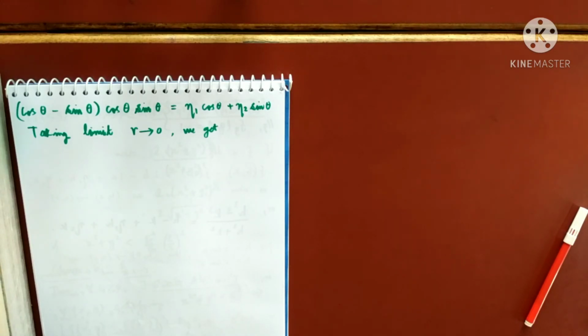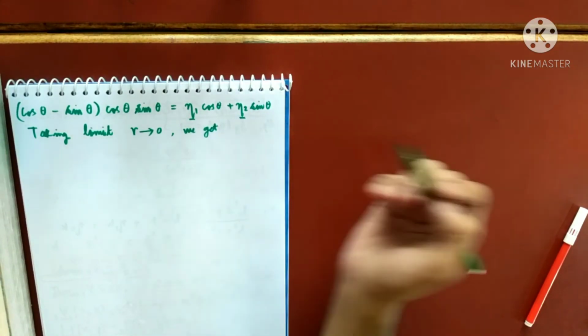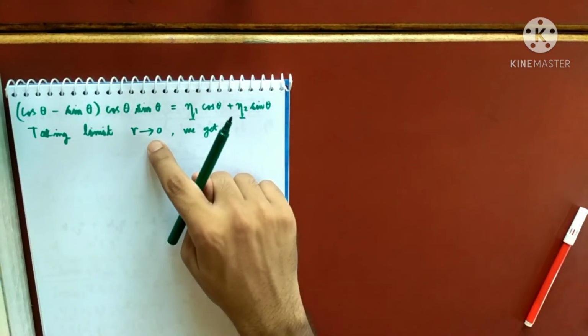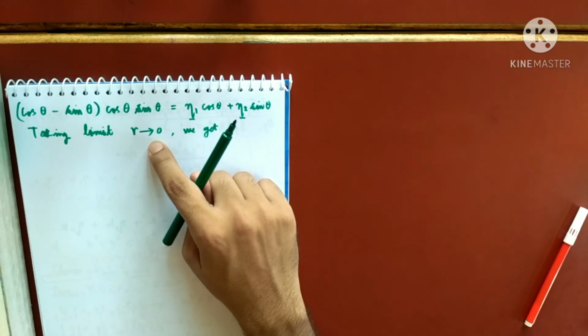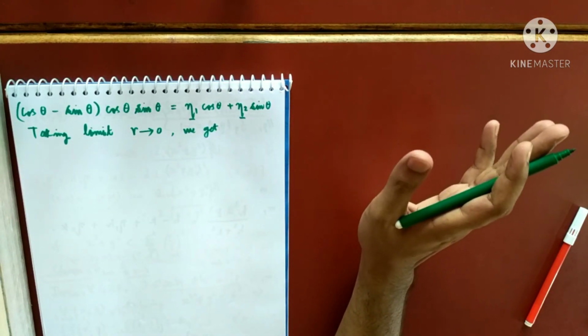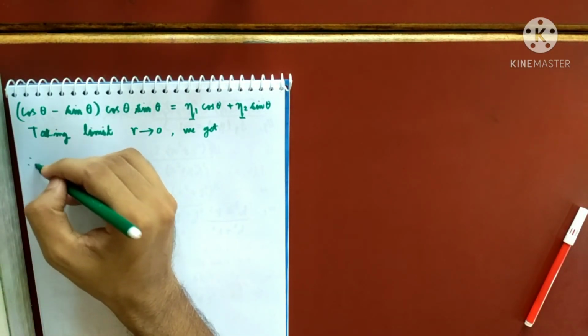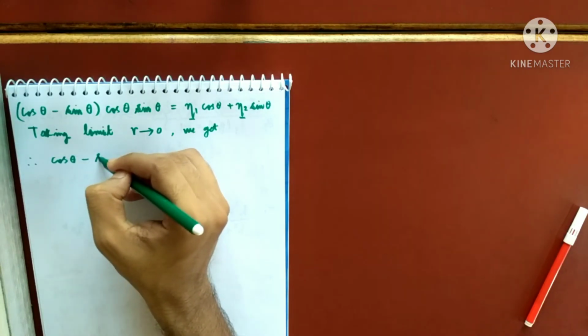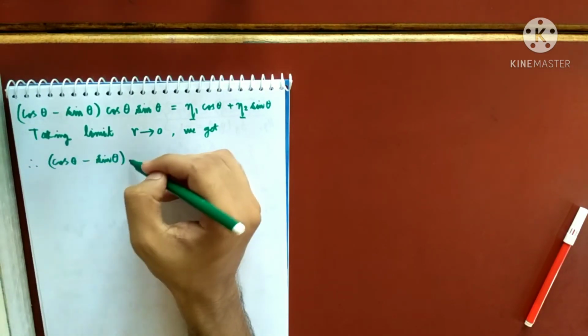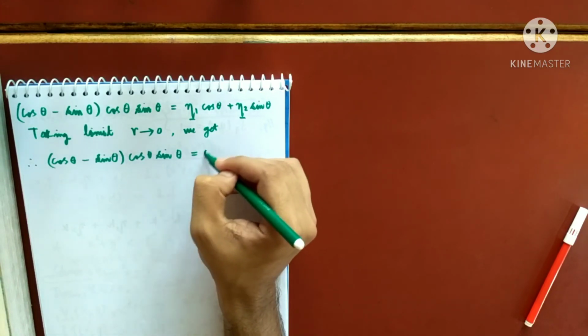And when h, k go to 0, 0, eta 1 and eta 2 go to 0, 0, as by the definition. The left hand side is independent of r. Therefore, cos theta minus sin theta into cos theta sin theta should be 0.